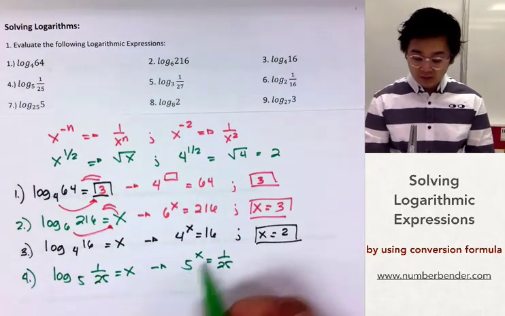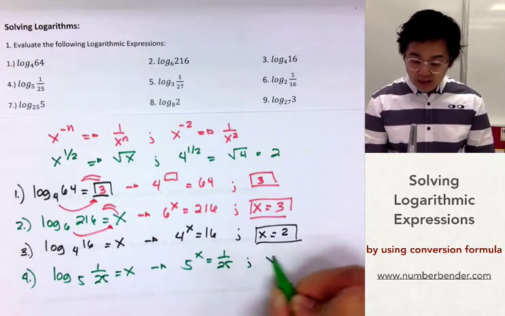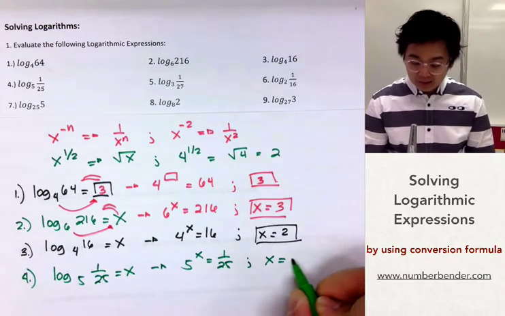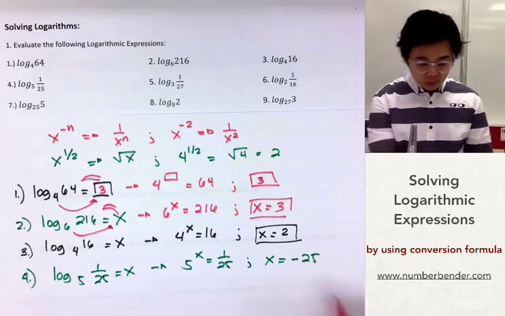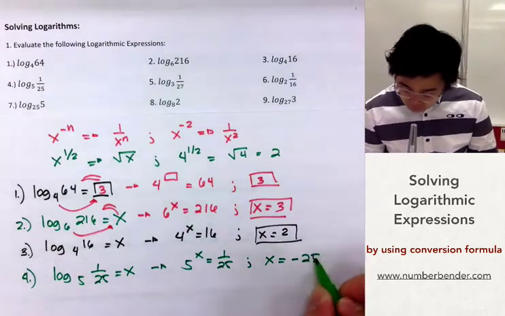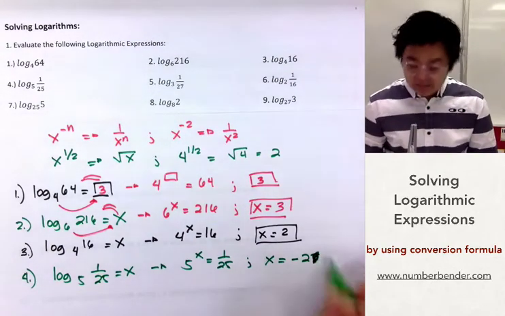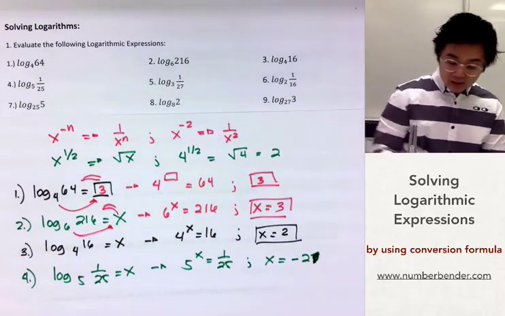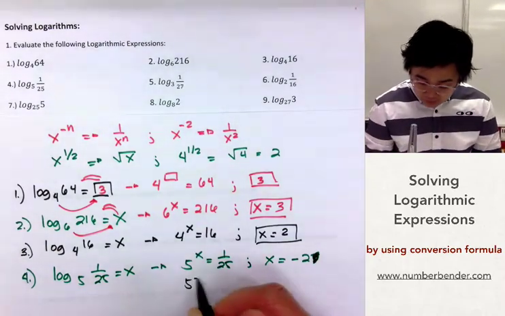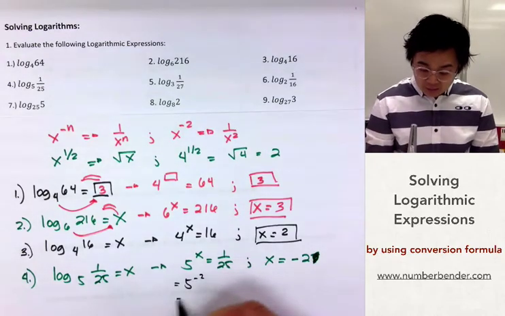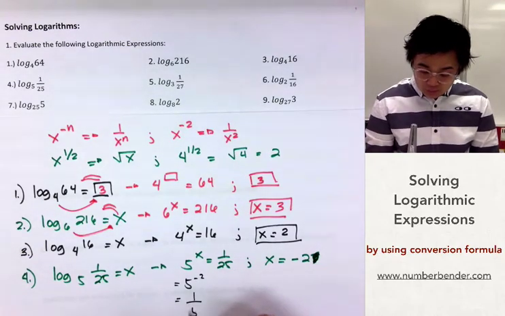So if I have 5 raised to x equal to 1 over 25, I know that x should be negative 2. So if I change this to negative 2, I'll end up with 5 raised to negative 2. And 5 raised to negative 2 is 1 over 5 squared.